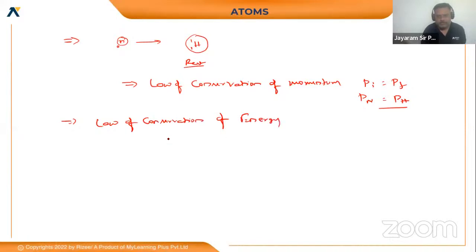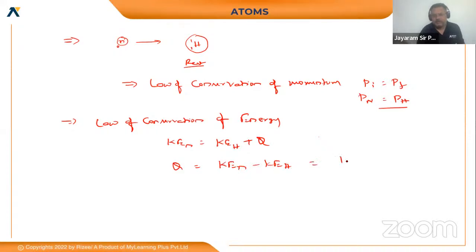So initial energy, that is the energy of the neutron, is equal to the kinetic energy of the hydrogen plus Q. Q means energy released or absorbed. And Q can be calculated by the energy of the neutron minus the kinetic energy of the hydrogen.